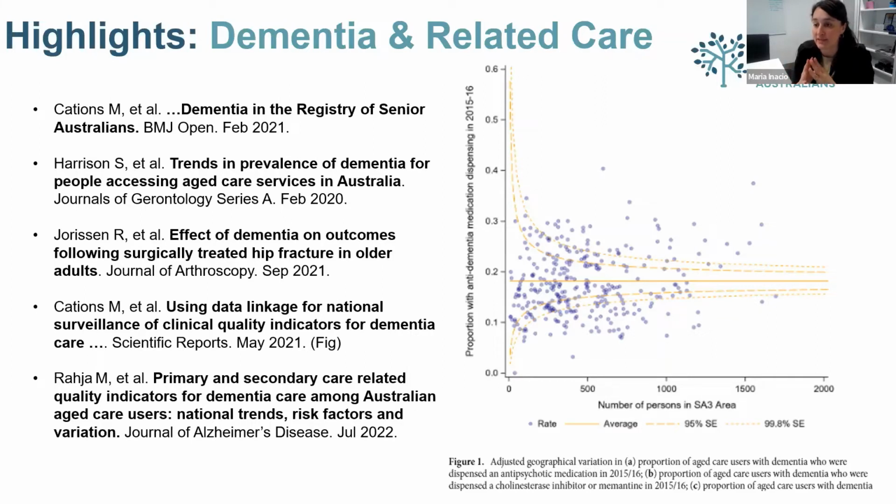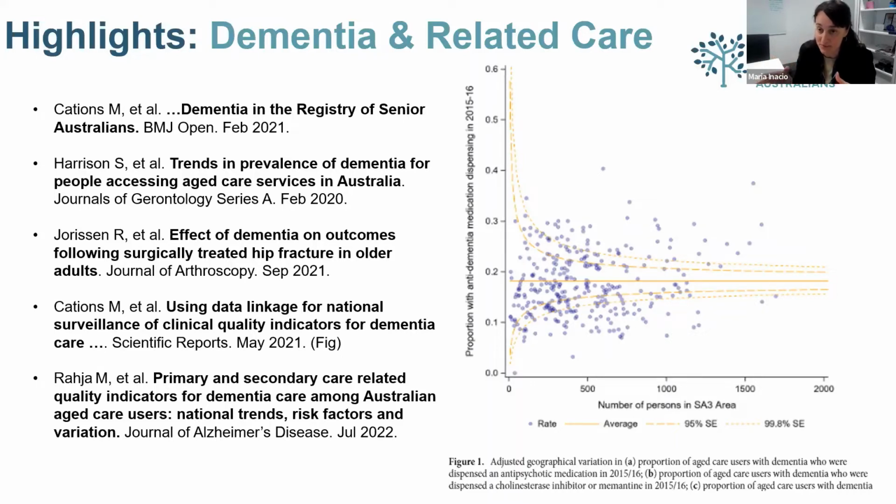We looked at the incidence of hospitalizations for dementia or delirium-related issues as well. And then also access to primary and secondary care, which could be incredibly helpful for them.